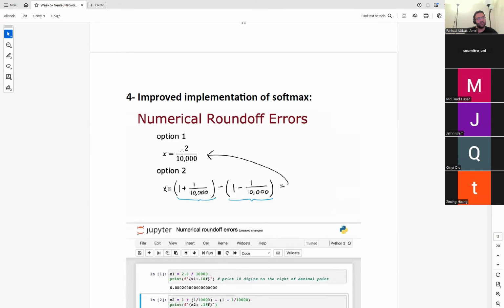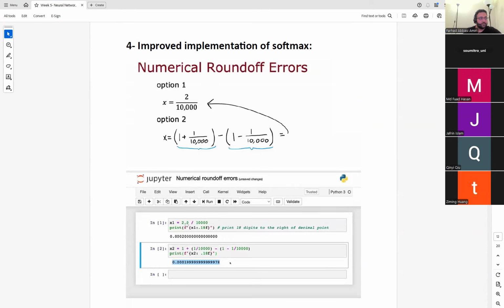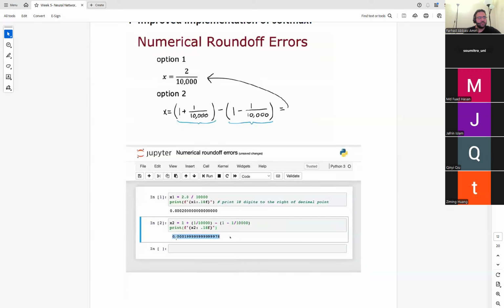But if you try these two options in Python, you get these outputs. The first option, 2 over 10,000, gives 0.002, and then 0 digits after the 2. But if you try option 2 and print it out, the output would be 0.00, and instead of 2, it's 19999, right?